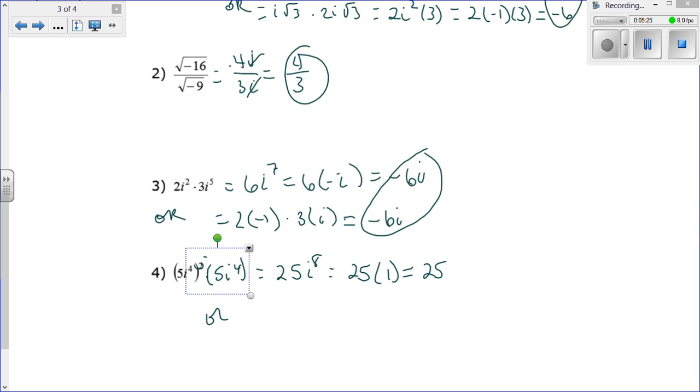Or I can simply take 5 and raise it to the second power, which is 25. And then when you have a power to a power, you multiply, so it's i to the 8th, which ends up being the same. It's just a matter of how you look at the problem.